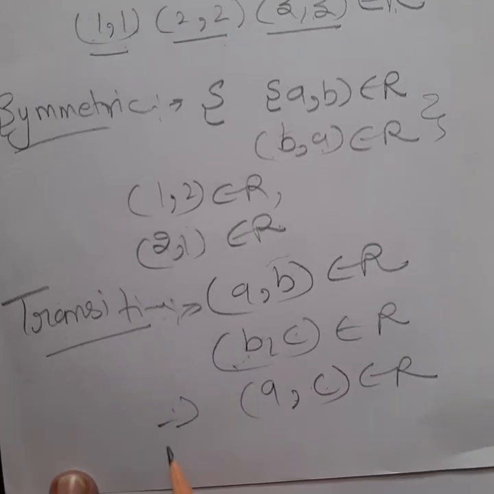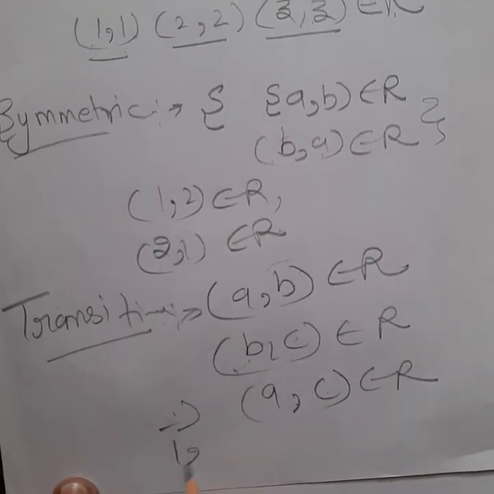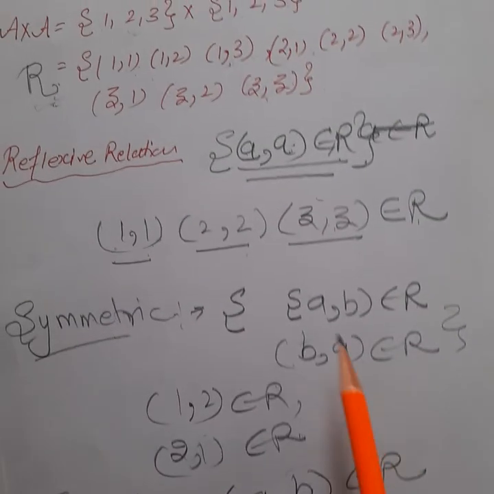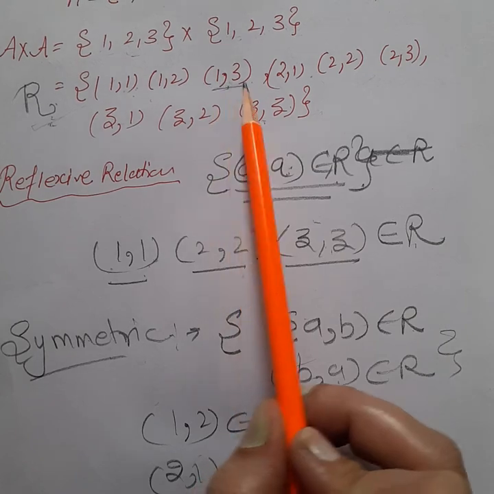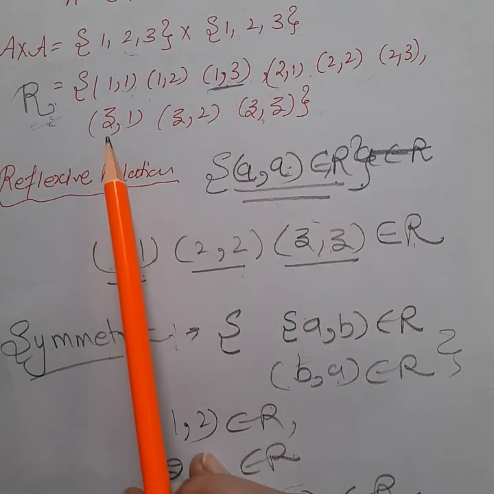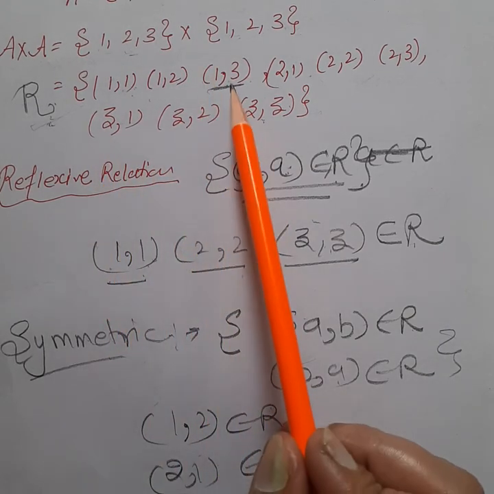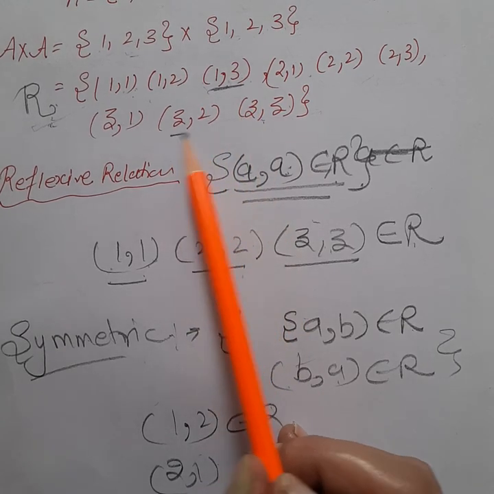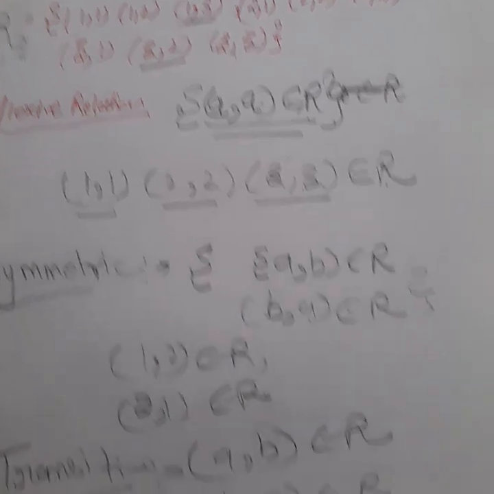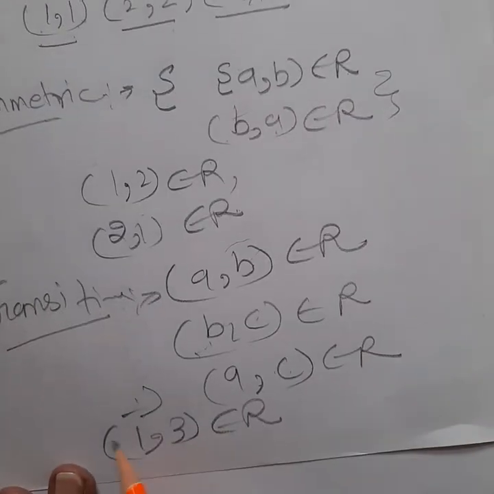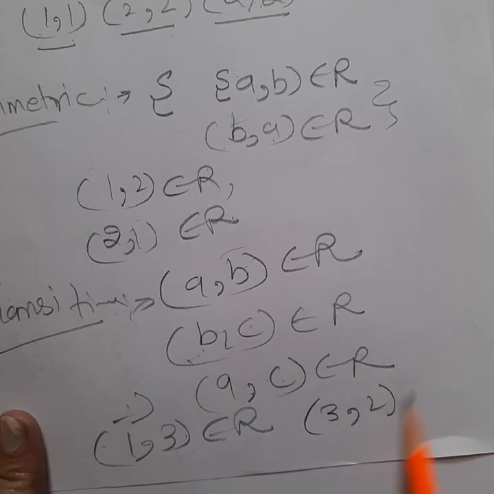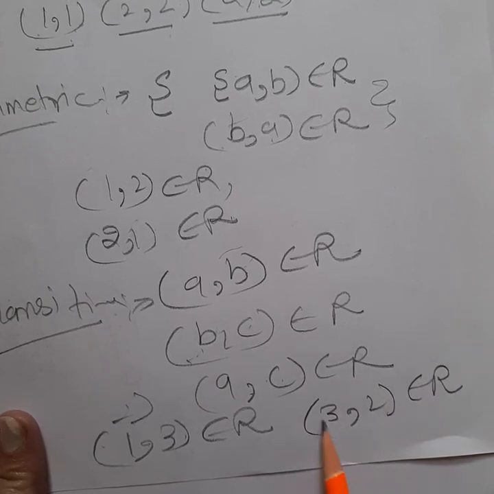Okay, like you have (1,3) in your relation, you can check that (1,3) is in our relation, and you can say that this is (a,b) and the other one is (b,c). Suppose you take (3,2). Okay, this is (a,b), and if you have (3,2) also belonging to the relation, that is (b,c).